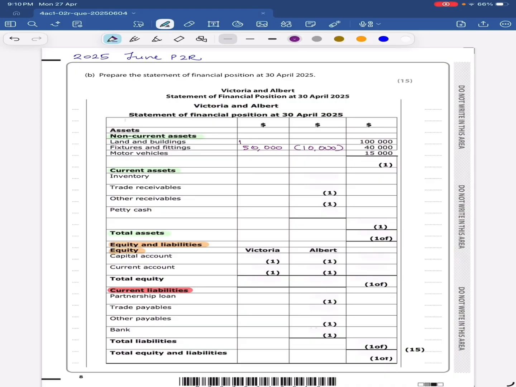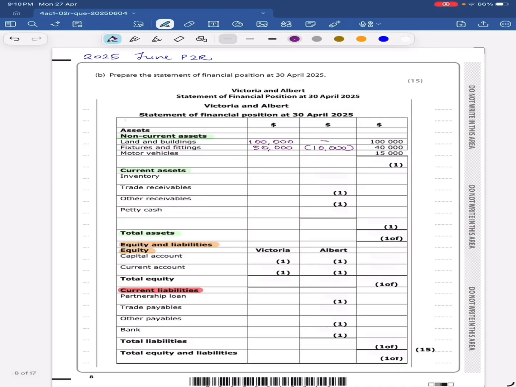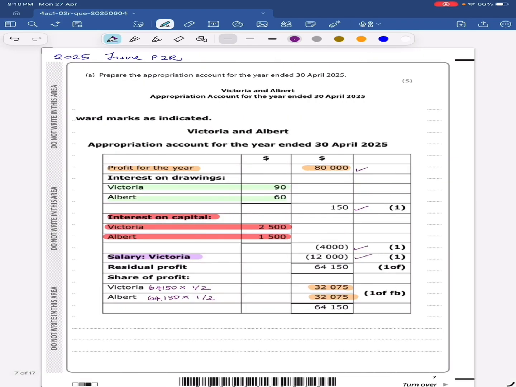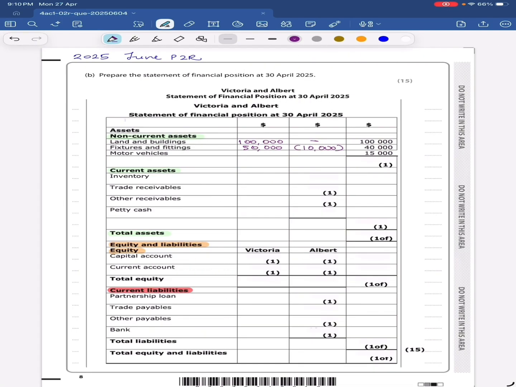For land, there isn't any depreciation. And for motor vehicle, it's 30,000, take away 15,000. Now let's find the total.